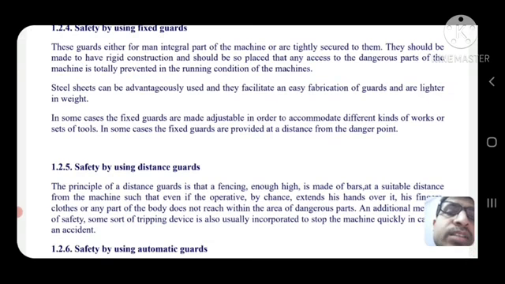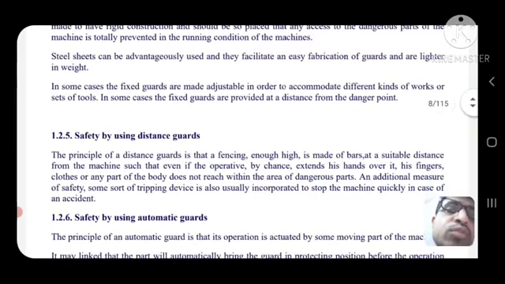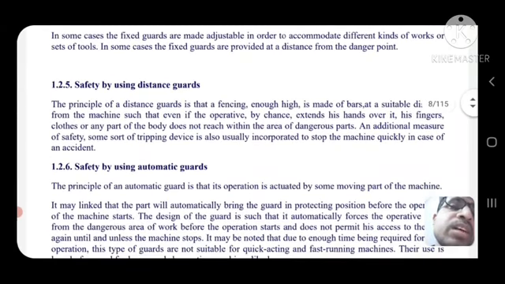Steel sheet can be advantageously used as it facilitates easy fabrication of guards and is lighter in weight. In some cases, the fixed guards are made adjustable in order to accommodate different kinds of work or sets of tools. In some cases, the fixed guards are provided at a distance from the danger point.